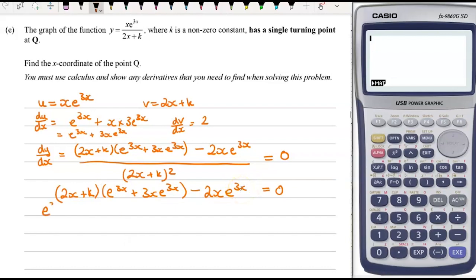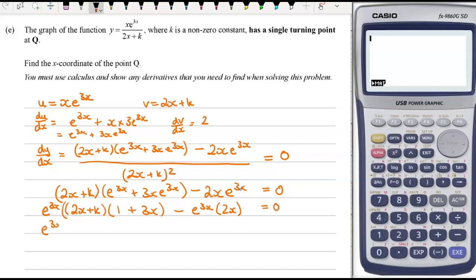So if I take out e to the 3x as a factor of this first one, we get 2x plus k is what it's all going to be times by. And then this bit would be multiplied by 1 plus 3x. I can take out an e to the 3x of this one as well, and it's 2x.